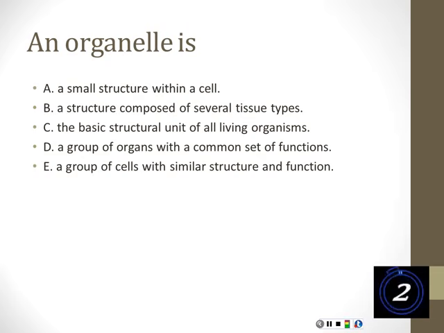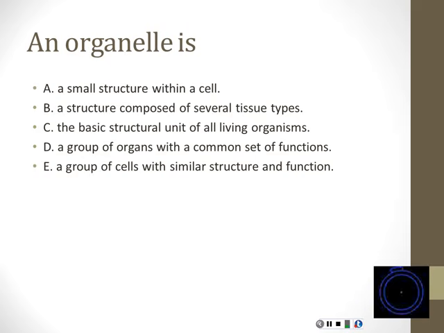All right, so an organelle is a cell organ. I can see why there was a spread. A small structure within a cell is not a very specific definition, but you can say that's an organelle.